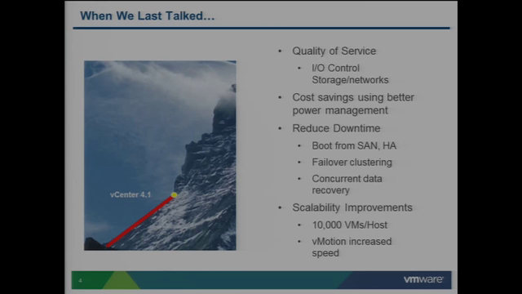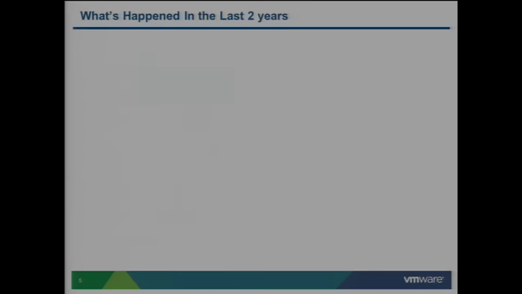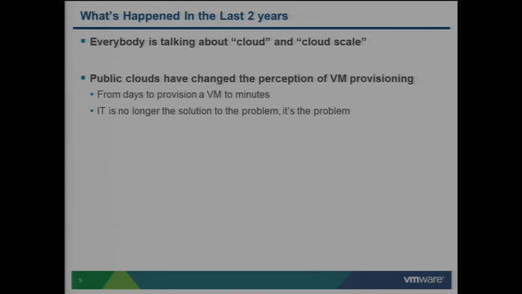But a lot has happened in the last 2 years. And everybody's talking about cloud and cloud scale. And what does that exactly mean? Depending on who you ask, it means different things. A few things most people tend to agree on: the perception of the time it takes to get a virtual machine from the time you ask for it has come down drastically.